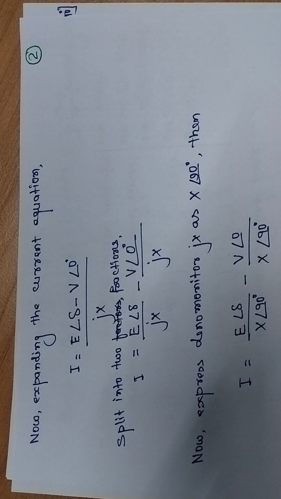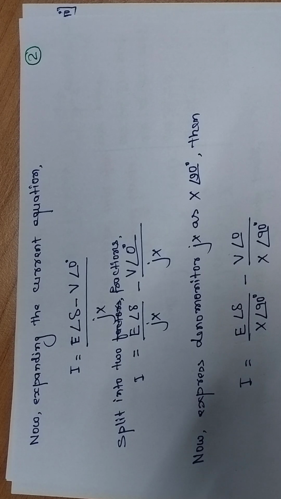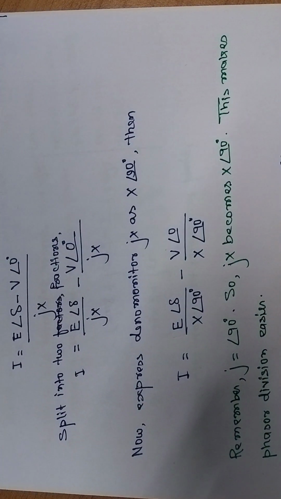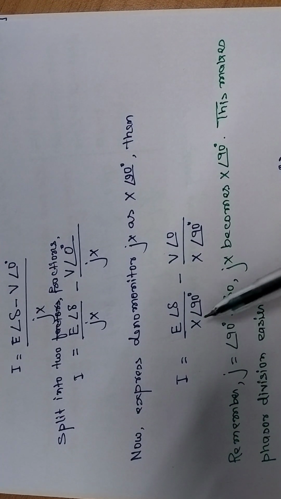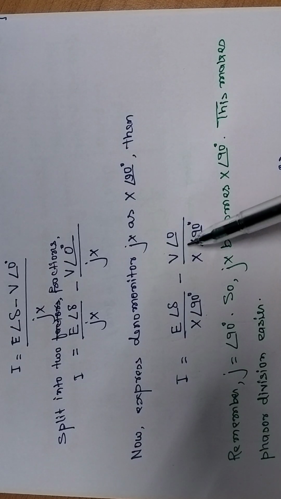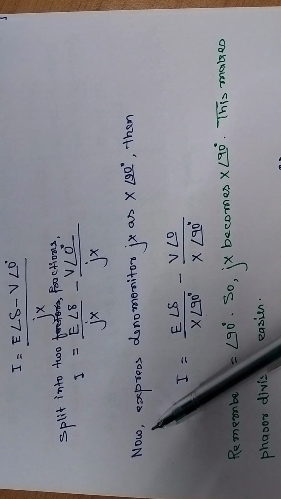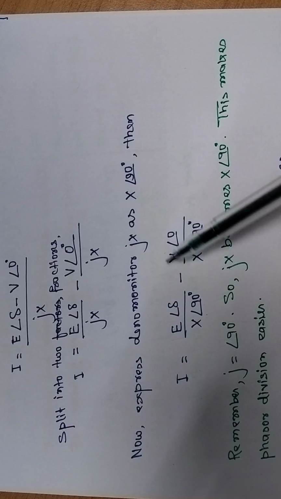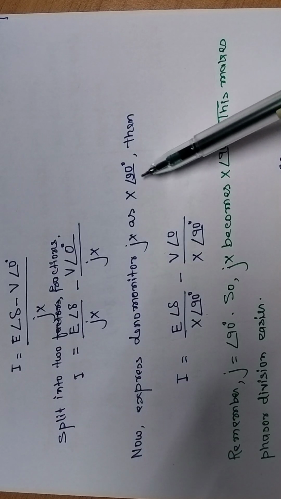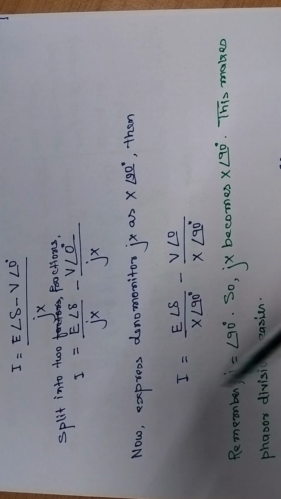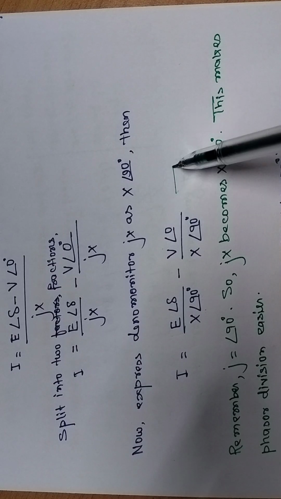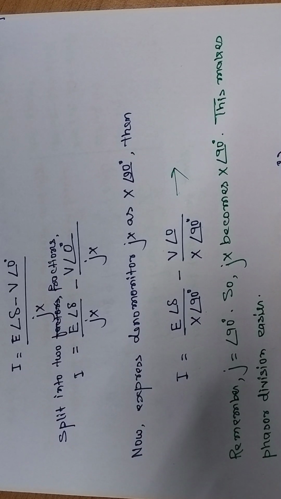Now express the denominator jX as X of angle 90 degrees. This is why I have written it this way: we want to express the denominator jX as X of angle 90 degrees.